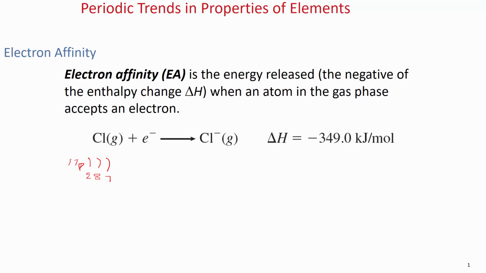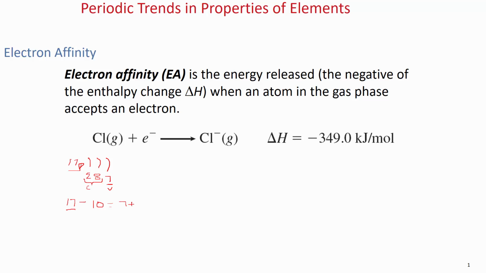The effective nuclear charge the outer shell electrons receive from the nucleus approximates 17, the actual nuclear charge, minus the core electrons, which is 10 in this case. This is what I mean by core, the inner shell electrons. This is the valence shell. These are the core electrons. So 17 minus 10 gives us an effective nuclear charge of 7 positive.